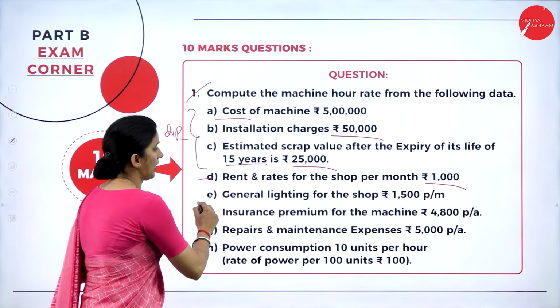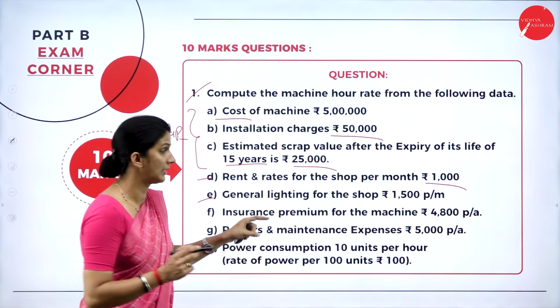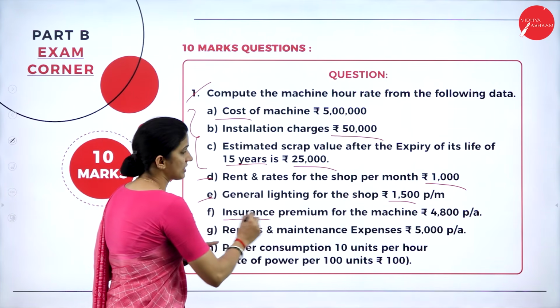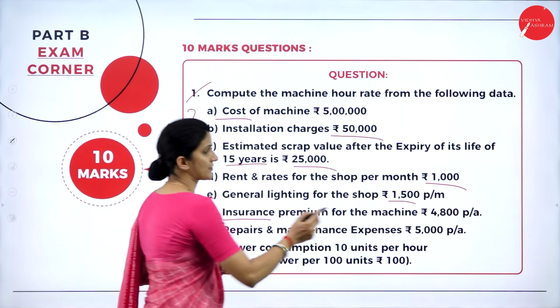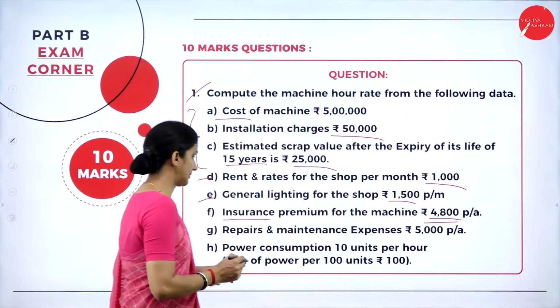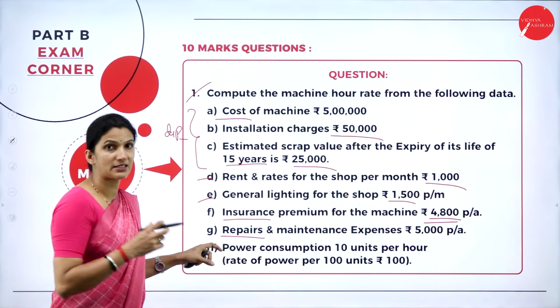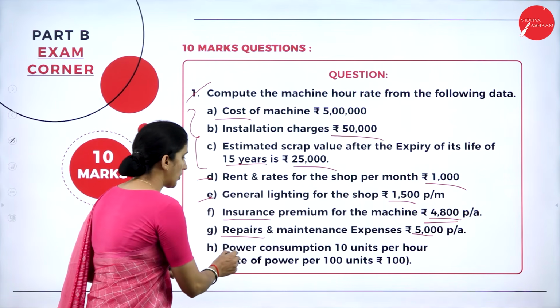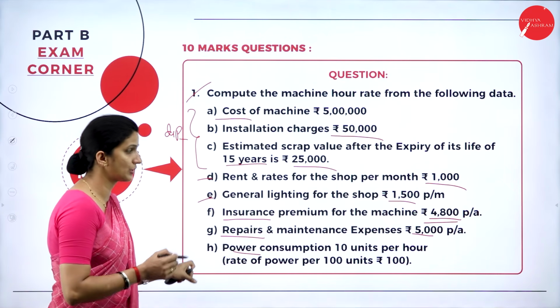And then you have general lighting for the shop, which is 1,500 per month. Then insurance premium for the machine is 4,800 per annum. Then repairs and maintenance expenses are 5,000 per annum. Then power consumption is 10 units per hour.